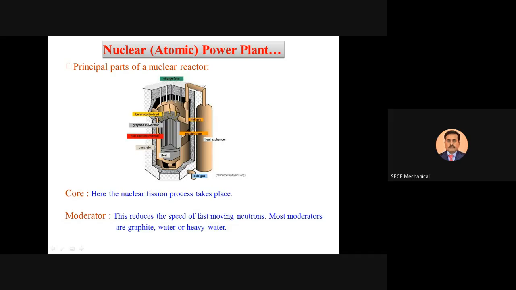That is a turbine, where the expansion process takes place in the turbine. So automatically the generator is rotated, and power will be produced. By this way, we can develop power with the help of a nuclear power plant.